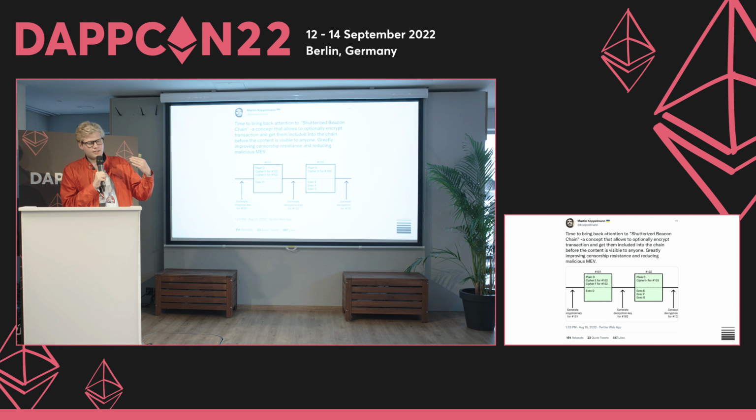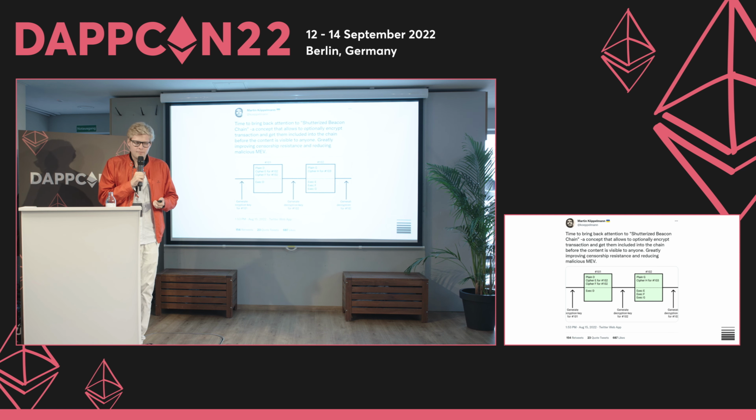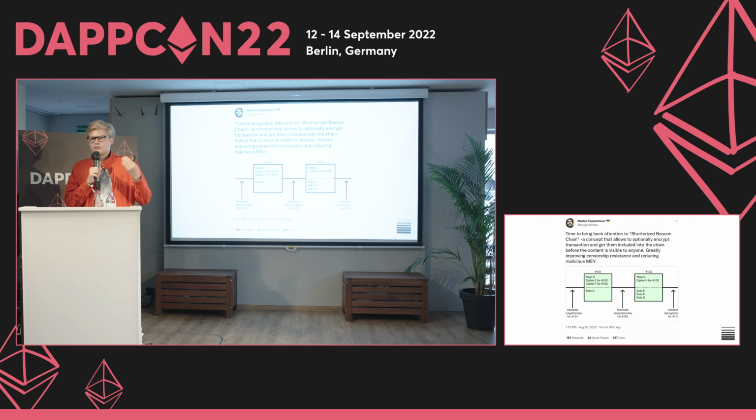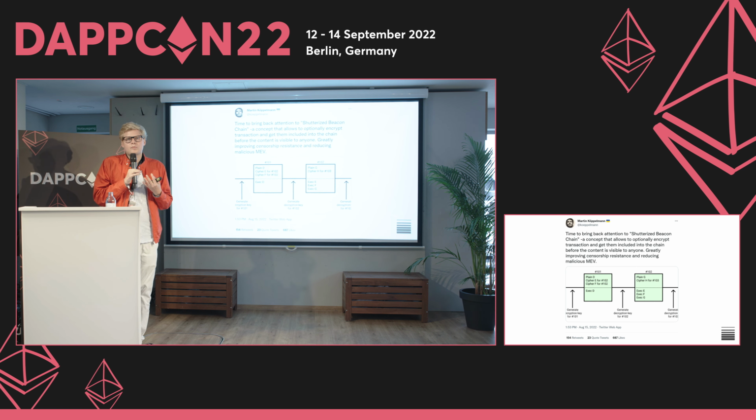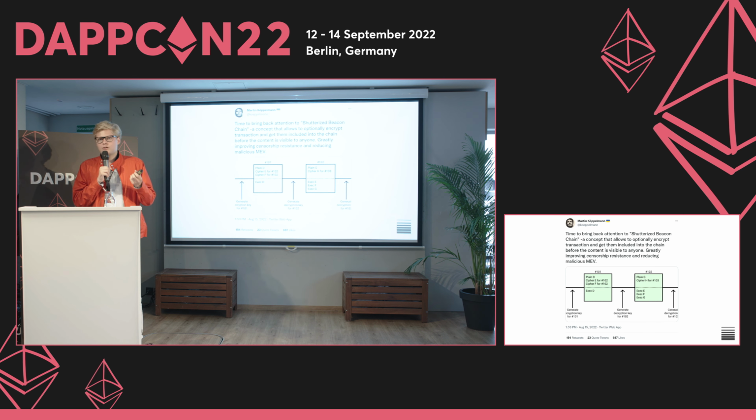Here is Martin saying that if you were to implement this threshold encryption mechanism at the L1 layer, because the transaction will be encrypted, the validator has a certain argument of plausible deniability, because you can say, well, I don't know what was in the transaction that I signed, so I can't be held liable for it. So we think it can benefit censorship resistance at the L1 or also L2 level.